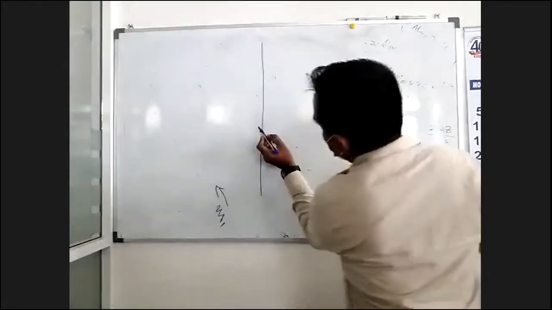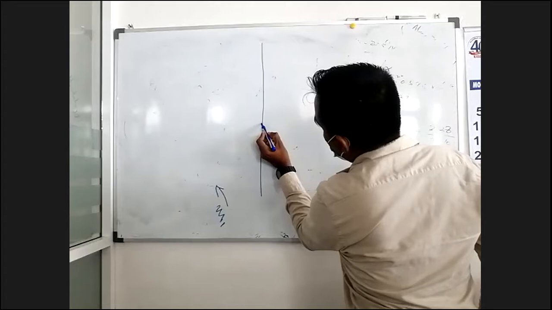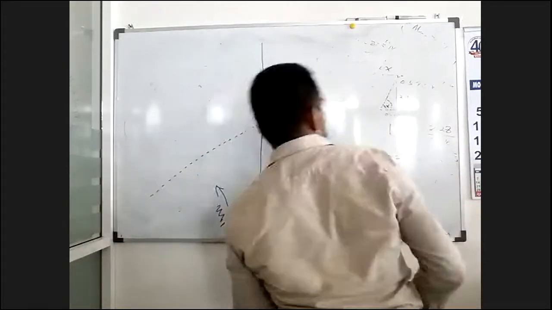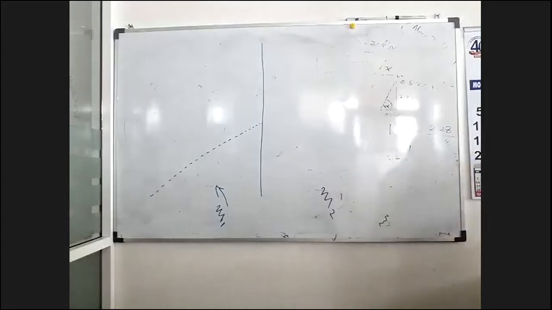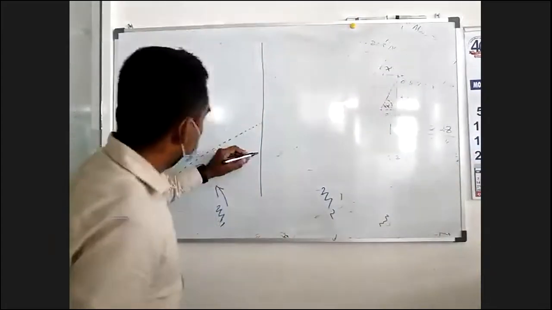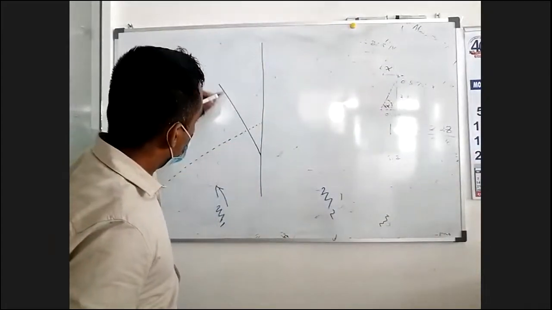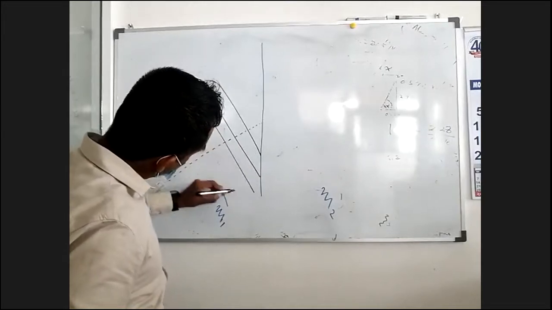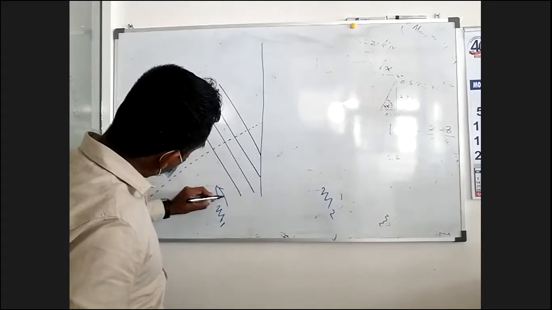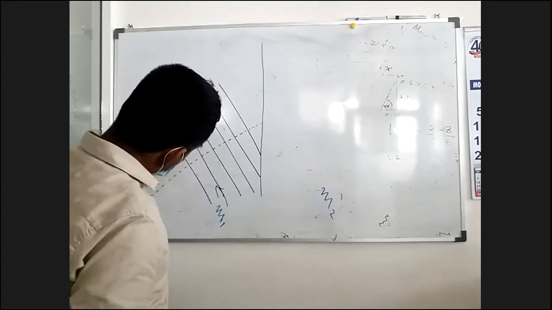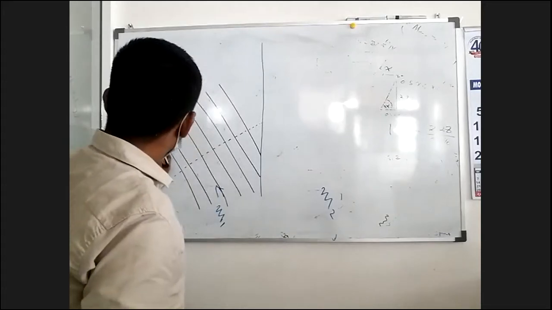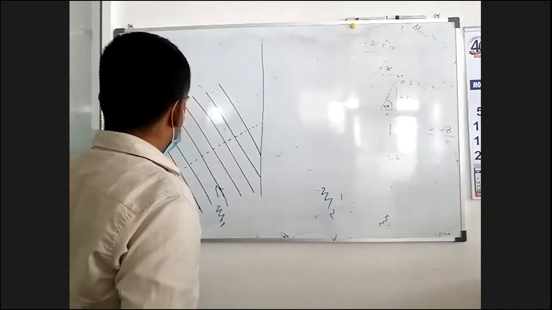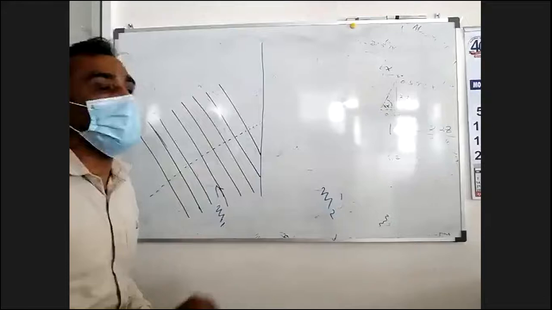Let's think the radiation is penetrating in this direction. I will use a black color pen. Then the wave fronts are arranged like this, having the same distance since the media is the same.